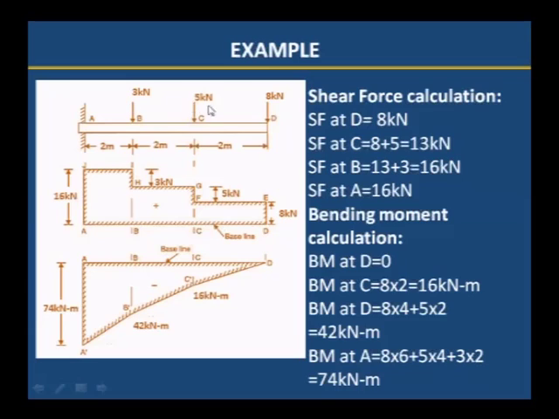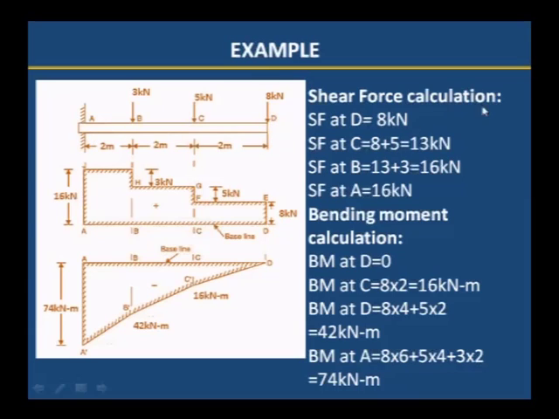Okay, 3, 5 and 8 kilonewton, 3 point loads are acting. Let us mark the points as A, B, C, D, the salient points. Wherever the point loads are acting, at those points we have to calculate the bending moment and shear force, as well as at the free end and fixed end.